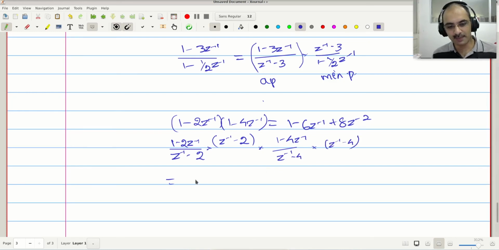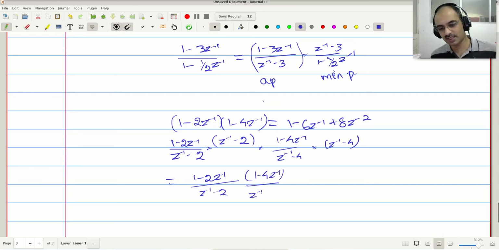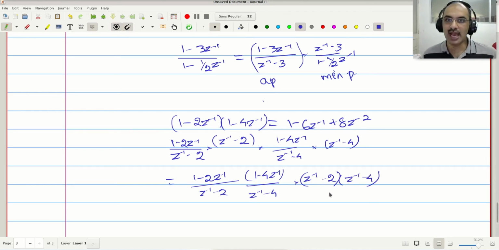Now if I group them as (1 minus 2 z inverse) by (z inverse minus 2) into (1 minus 4 z inverse) by (z inverse minus 4), and into (z inverse minus 2)(z inverse minus 4), z inverse minus 2 has a 0 at half and z inverse minus 4 has a 0 at 1/4.